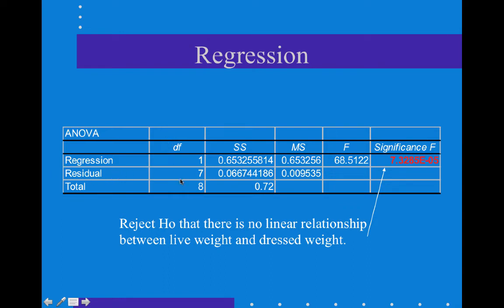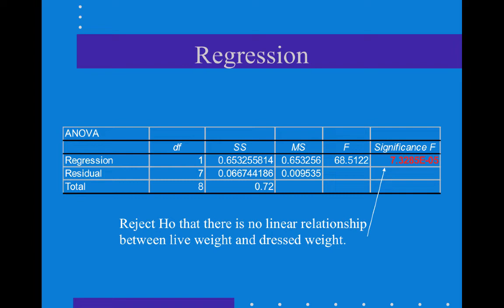We're going to have degrees of freedom as well as the sums of squares for each of those. And when we calculate it out, we get our F statistic and then our p-value. And as you can see in this example, our null hypothesis relates to the relationship of the linear values.